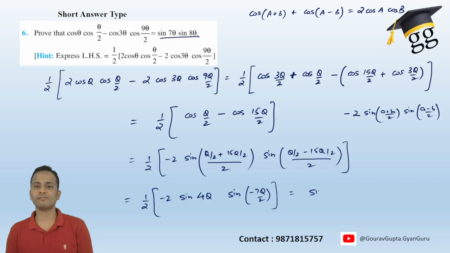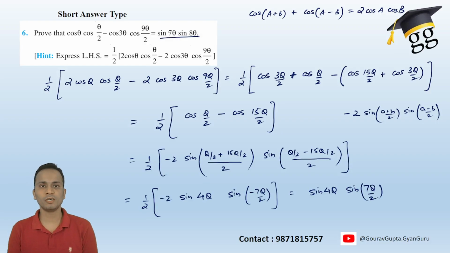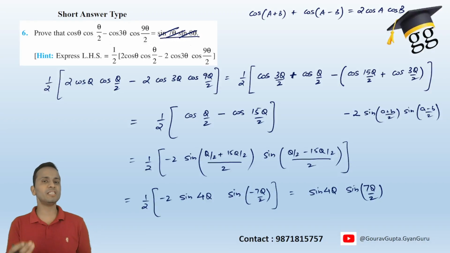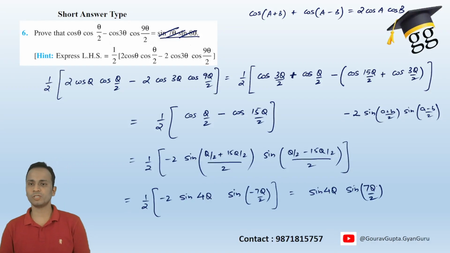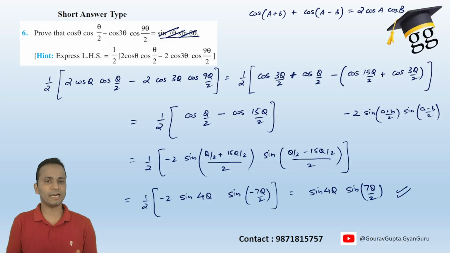So you will be left with sine 4 theta sine 7 theta by 2. So instead of the right hand side, which is sine 7 theta sine 8 theta, it should be sine 7 theta by 2 multiplied by sine 8 theta by 2. 8 theta by 2 is 4 theta only. So this is the correct right hand side that we require.